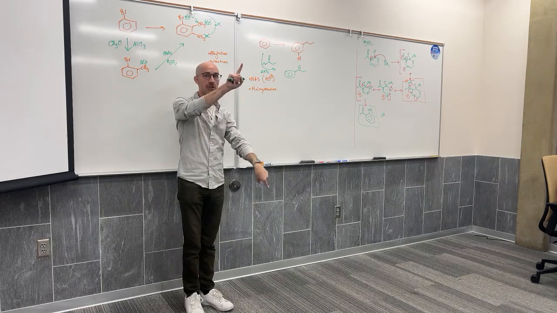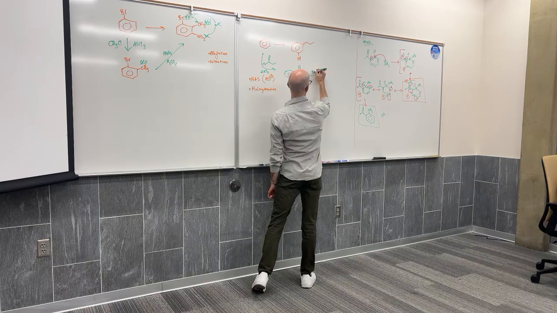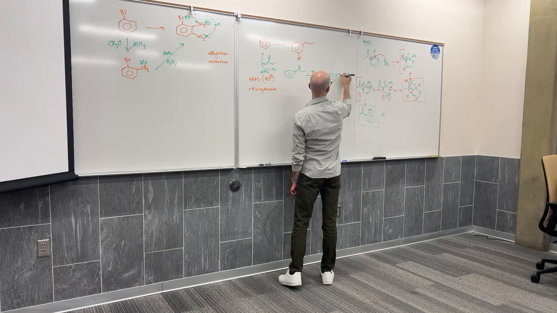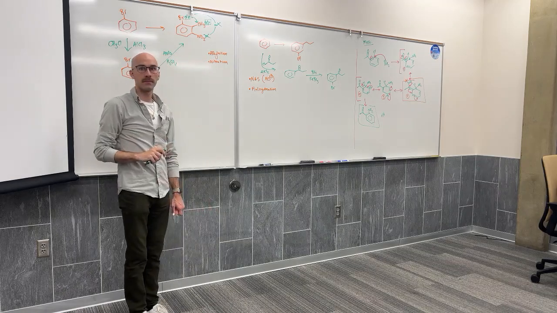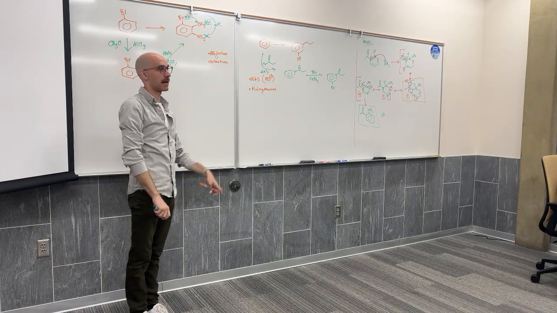So now I can make sure that my second substituent ends up meta. My second substituent is iron(III) bromide and Br2. The acyl group directs the halogen meta to itself.